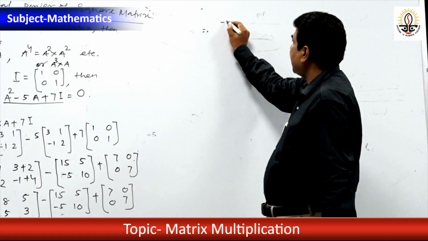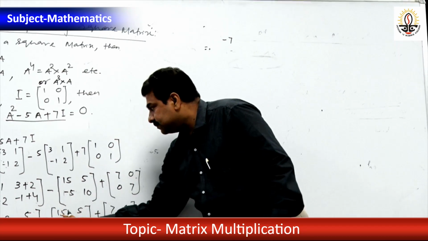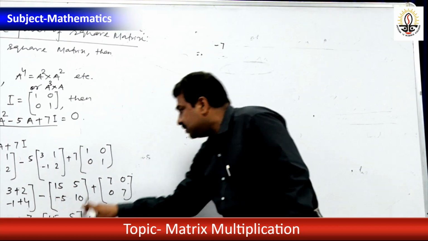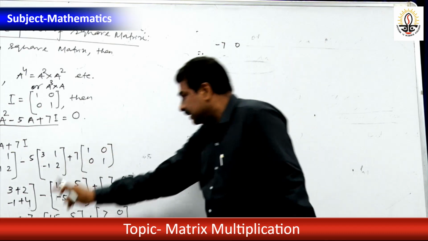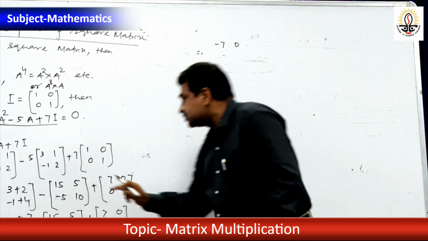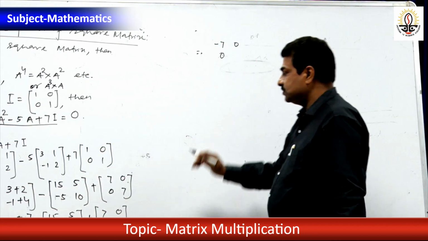Then 5 minus 5 is 0, and minus 5 minus of minus 5, that is minus 5 plus 5, equals 0.